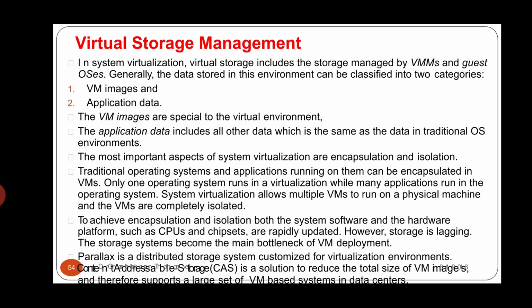The most important aspects of system virtualization are two: first one is encapsulation and the second one is isolation. The traditional operating systems and the applications running on them can be encapsulated in virtual machines. Only one operating system runs in a virtualization while many other applications run in the operating system.